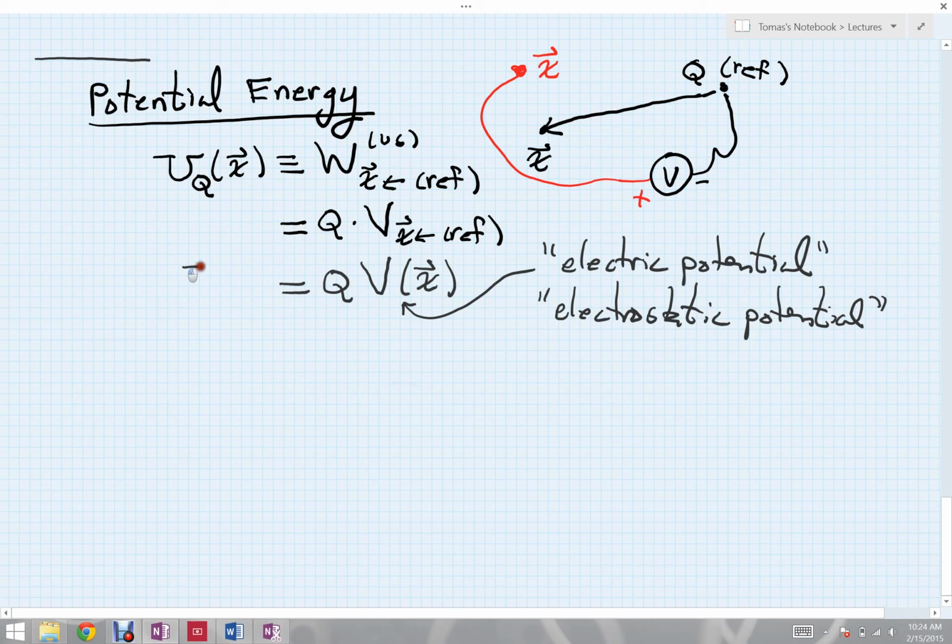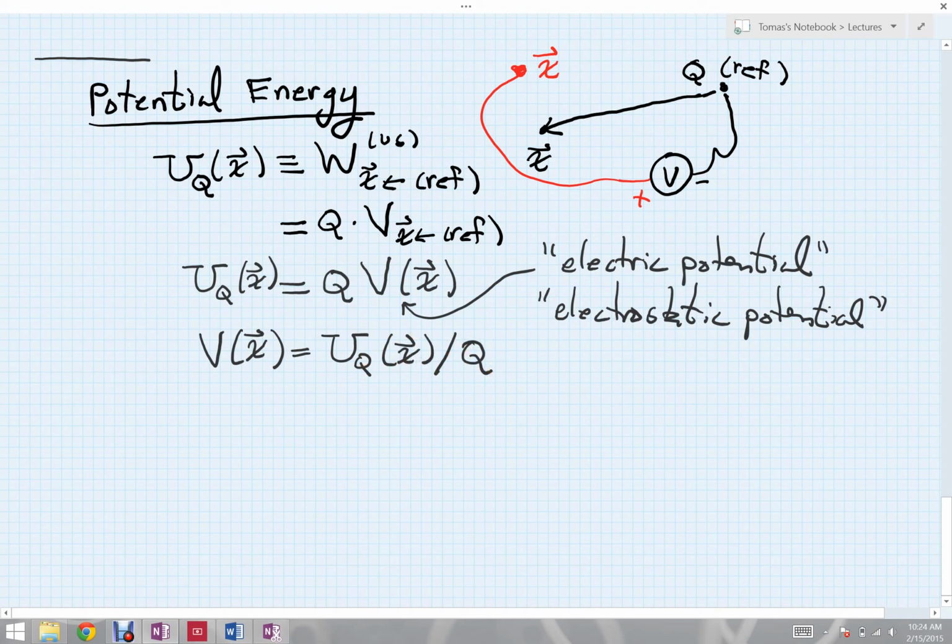So one version of this equation says if I want the potential energy of a charge Q at location X, I would just multiply this electrostatic potential by the charge Q. We, of course, can also turn the equation around and say that the electrostatic potential at location X is equal to the potential energy that any charge Q would have at that location, but divided by charge.